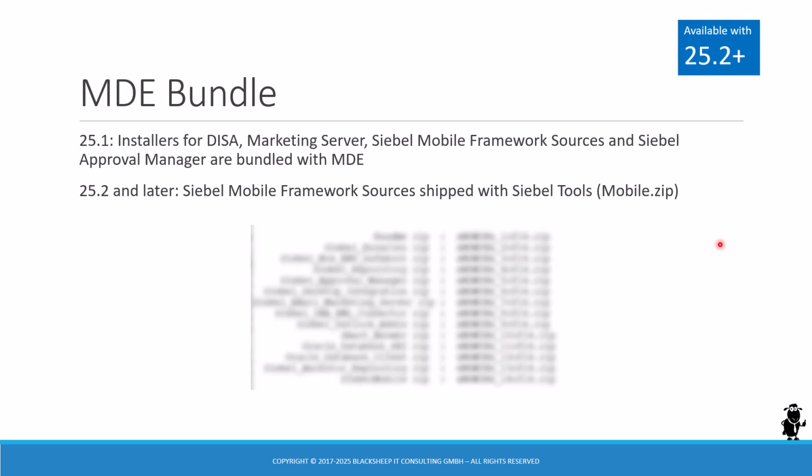Since 25.1, Oracle bundles all installers for the platform, like on Windows, in a single package. So the Windows package, for example, in 25.1 had 14 zip archives. With 25.2, that changes a little bit. The Oracle database client is no longer shipped separately as a zip, so that's minus one. And the Siebel Mobile Framework sources for the mobile applications are also shipped with a product, namely Siebel Tools, so they're not to be downloaded separately.